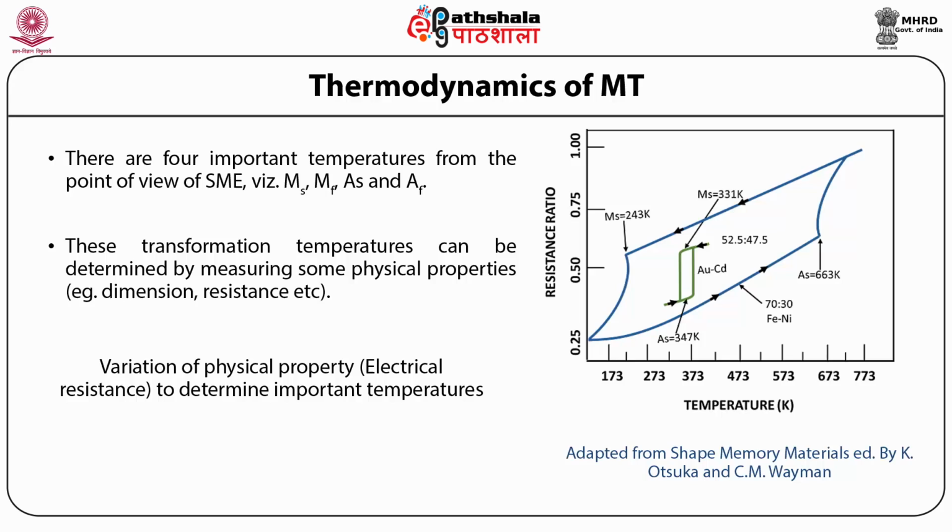Another important thing to note in this figure is that one material, copper cadmium, has a very small transformation zone of around 15 Kelvin, while the other material, iron nickel, has a very large transformation zone, approximately 400 Kelvin.